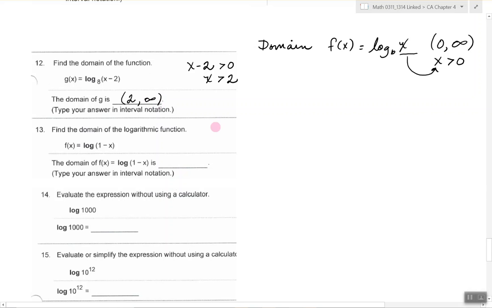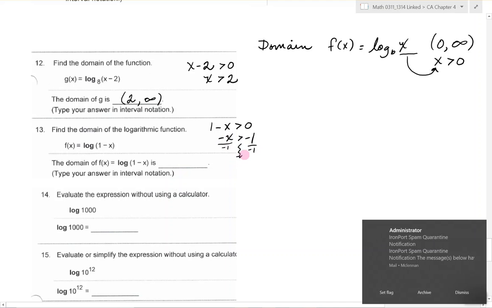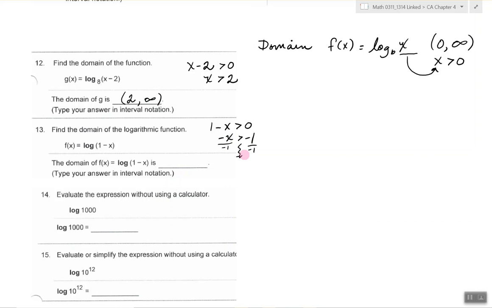The next one, I say 1 minus x is greater than 0. Subtract 1 from both sides. You'll have negative x is greater than -1. Divide both sides by -1. When you divide an inequality by a negative, the inequality symbol reverses.